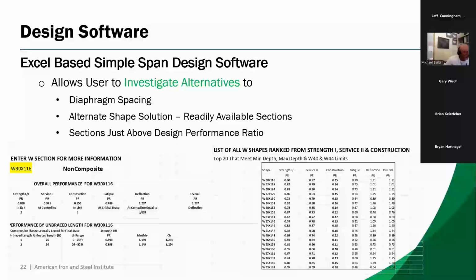In fact, instead of L over 800, it has a deflection of L over 663. Well, the county might say, hey, that's okay for us. We don't mind going over L over 800 a little bit. And we have these beams, and we can use these beams. But also this gives us information to where we might be able to change diaphragm spacing to lighten up the beams. Or we might want to check other beams that are more readily available.